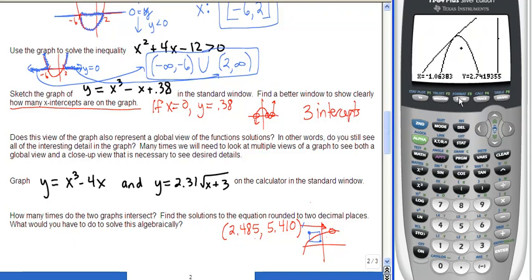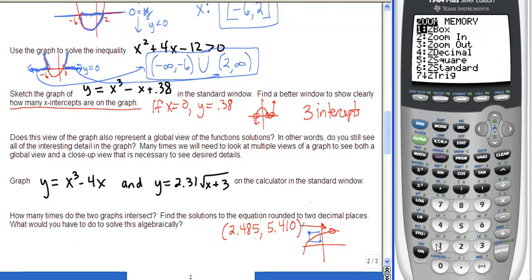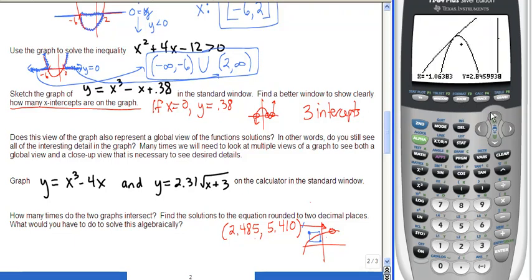So I'm going to do another zoom box, number 1, and I'm going to move my cursor up into the upper right corner. Let me lower this a little bit. Hit enter, and then I'm going to go down and over to the right and just explore what's happening here a little bit more.